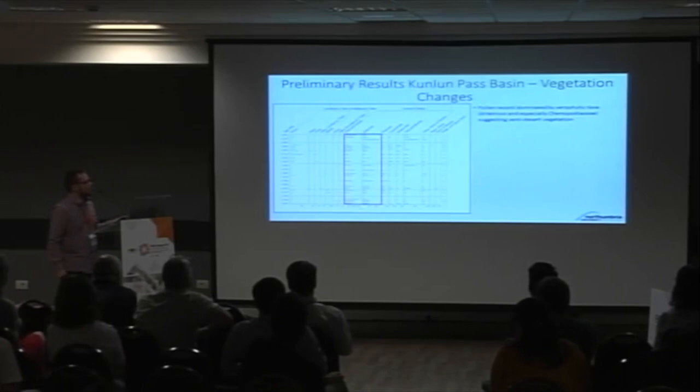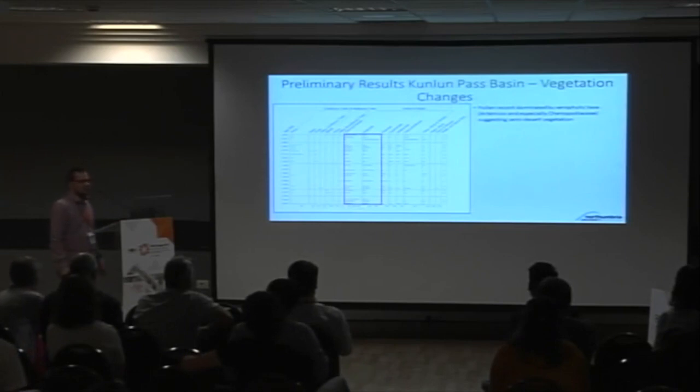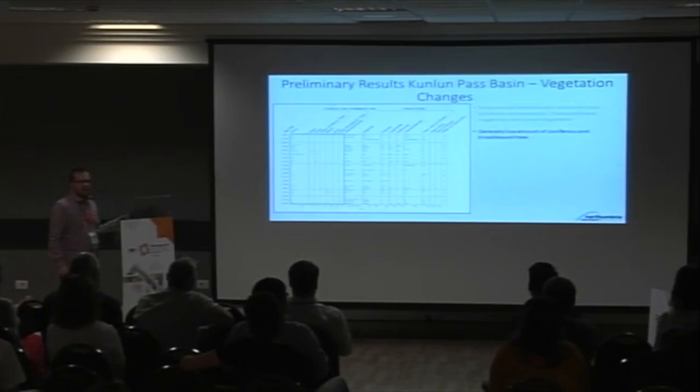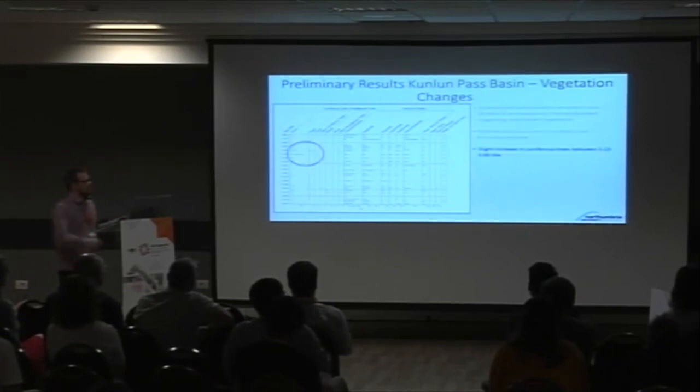We see as well that we have a dominating composition of Chenopodiaceae and Artemisia, so the xerophytic shrubs, in the Kunlun Pass Basin, and that we also have low or very low amounts of pollen grains from coniferous trees and broadleaf trees, except for a minor increase during the time interval between 3.13 and 3.08 million years.